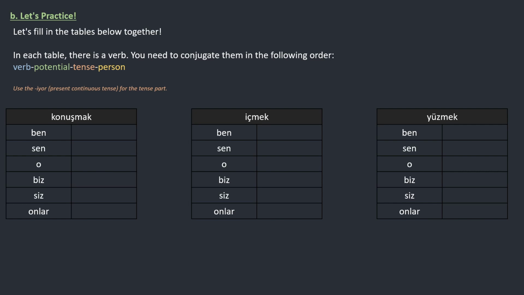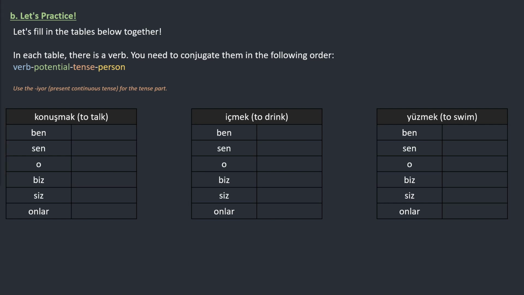This is simply practicing how to say I can talk. Maybe I can write the verbs here next to it. Like konuşmak means to talk. İçmek means to drink. Yüzmek means to swim.